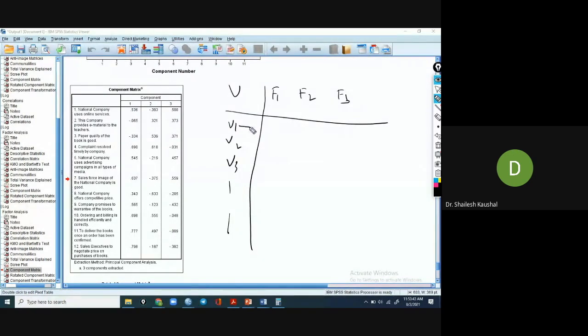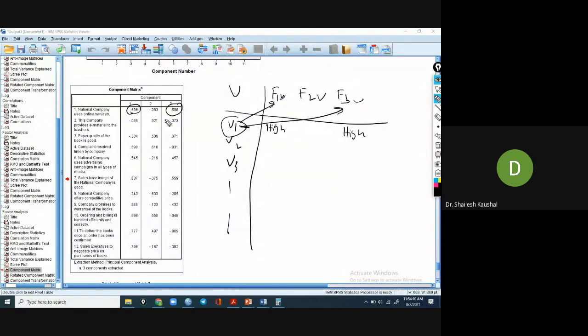A variable should be high under only one factor, but here it is giving a high value under this factor and also a high value under the third factor. So it is very confusing whether we retain this variable under this factor or that.